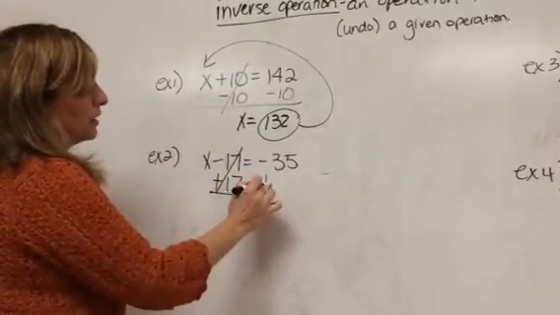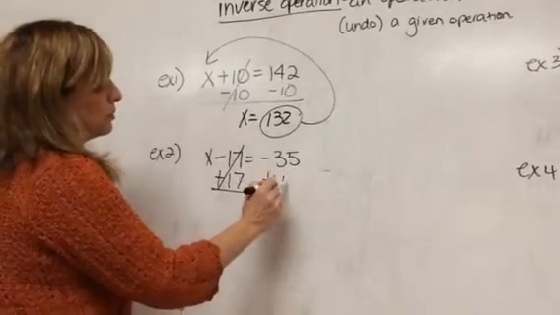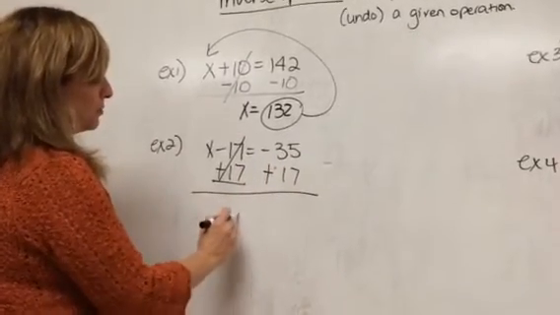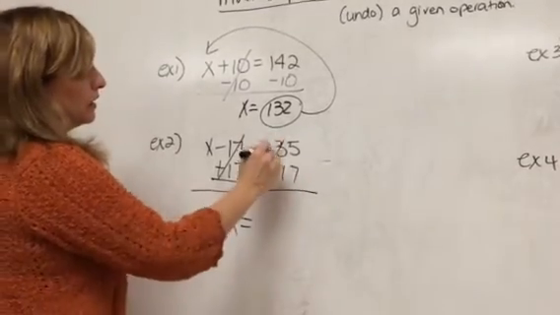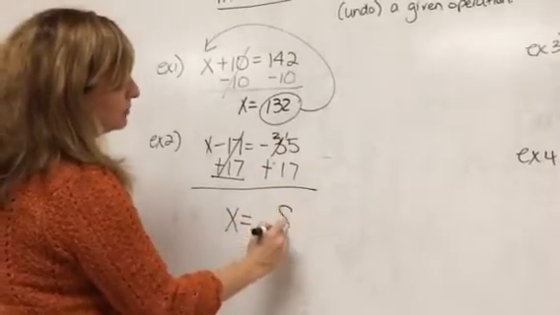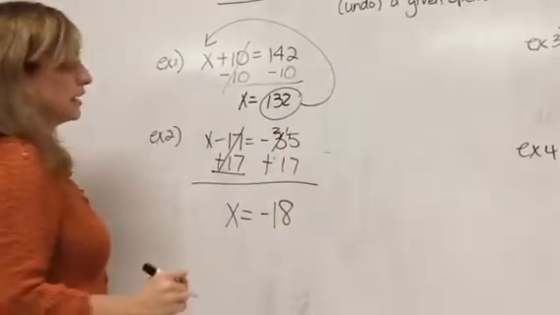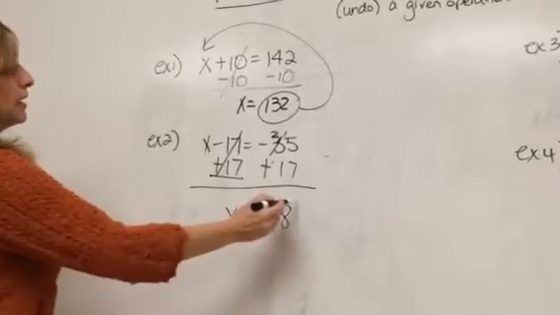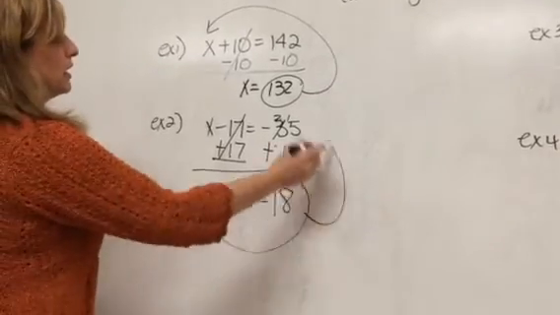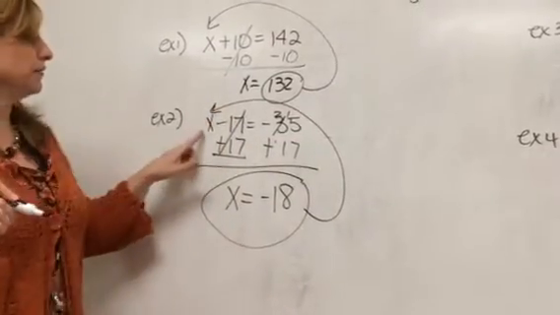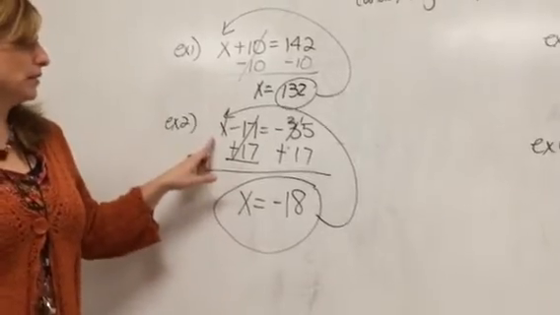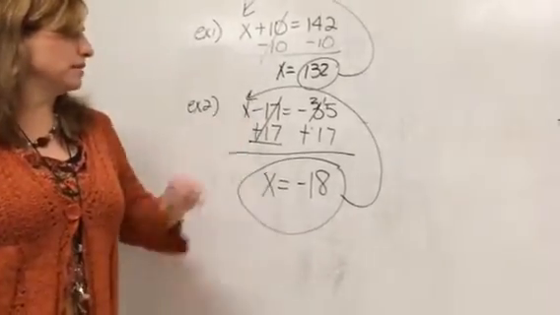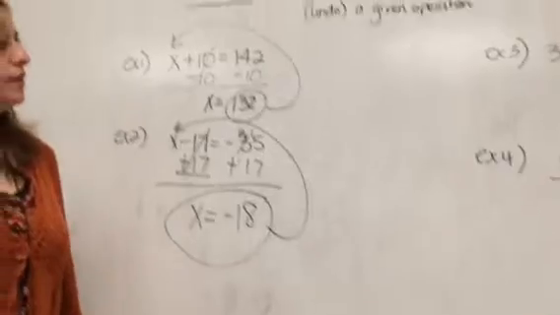Whatever I do to one side of an equation, I have to do to the other. So I'm going to have x equals, and then I just have to subtract to get negative 18 as my answer. That means if I take negative 18 and plug it in for x, I do negative 18 plus negative 17, which should be negative 35.